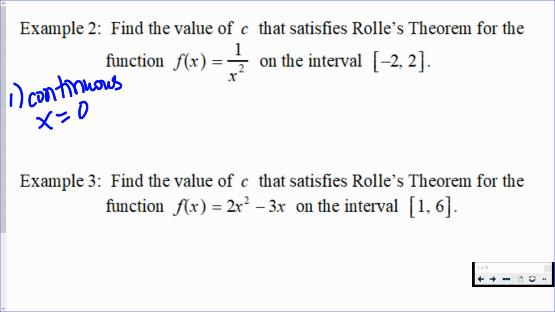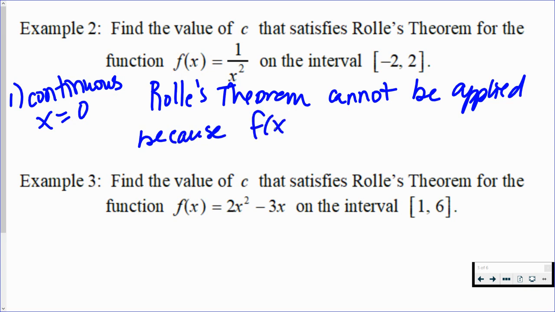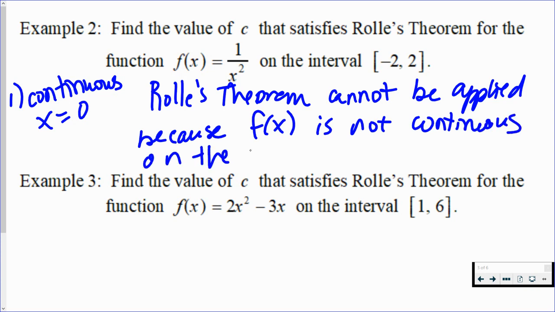So the way we would write one like this, Rolle's theorem cannot be applied because f of x is not continuous on the given interval.